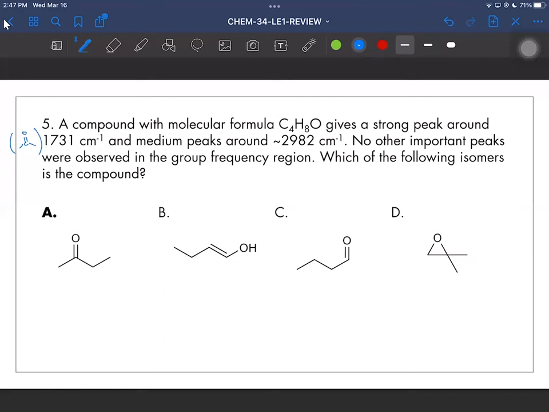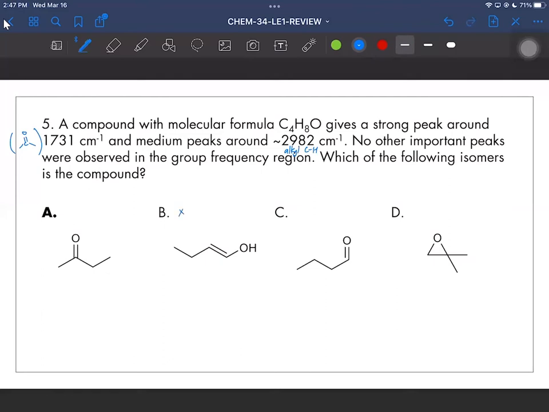Meron naman tayong oxygen sa compound na ito. While yung around 3000, we can just assign these as the alkyl CH stretch. So ayun, it gives us an idea na our compound is a carbonyl compound. Therefore, we can eliminate letter B.